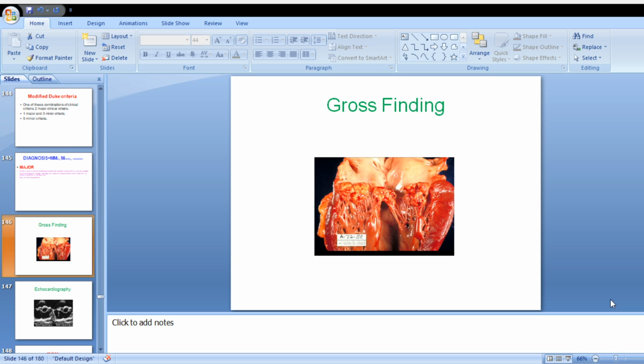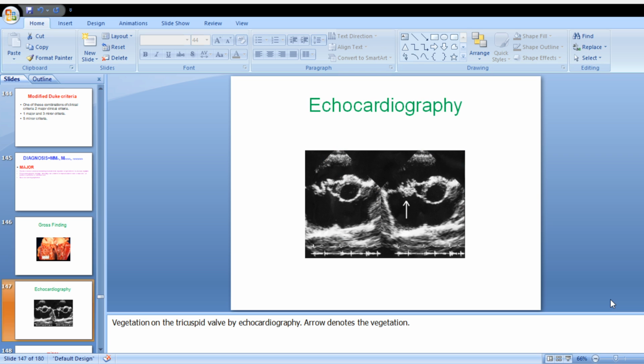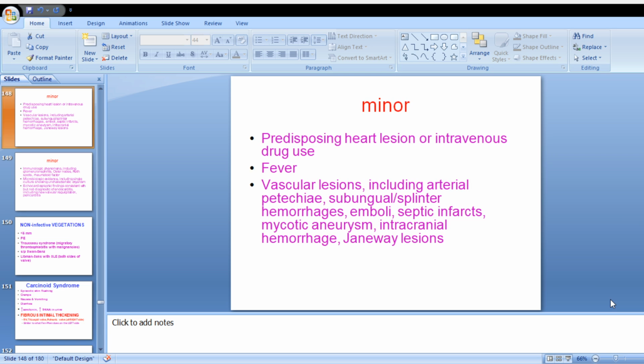In this picture there is large vegetation seen at the valves. This is an echocardiographic finding. The arrow denotes vegetation on the tricuspid valve.